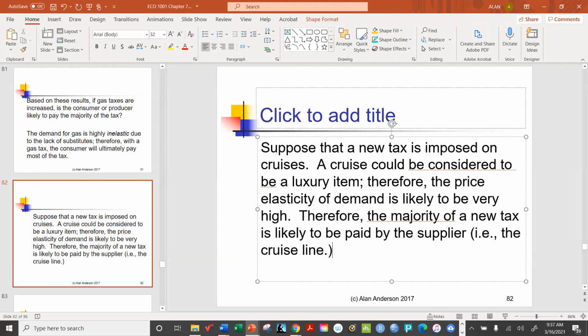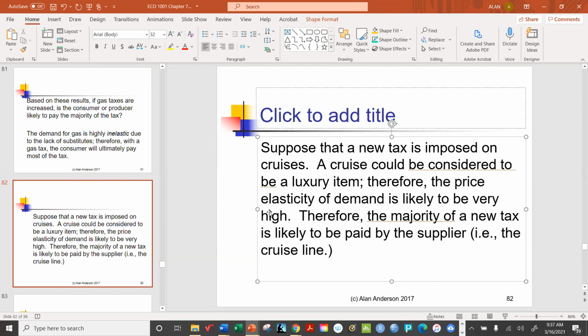Because let's face it, if you're thinking about going on a cruise, there's so many other things you could do with your vacation besides going on a cruise. And if the price goes up even 10%, then you might decide not to bother, because 10% of a cruise is a fairly large amount of money.